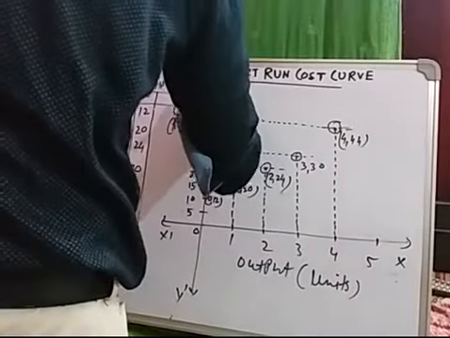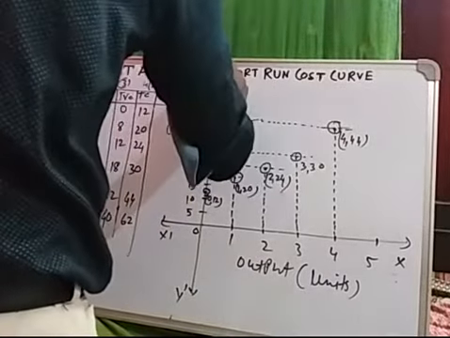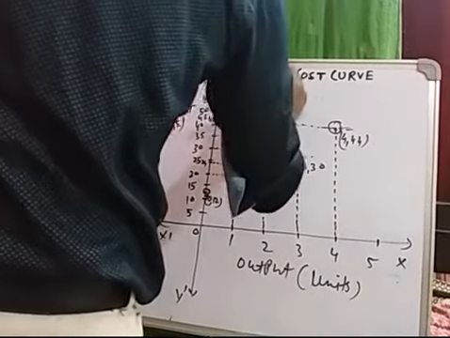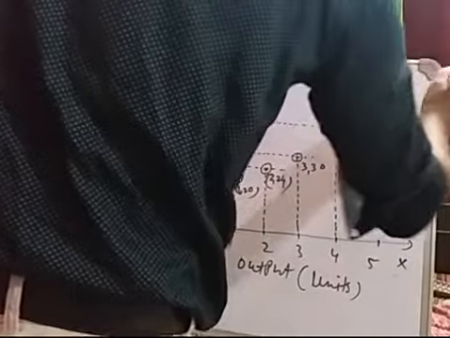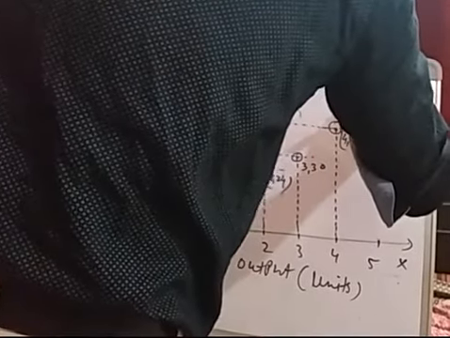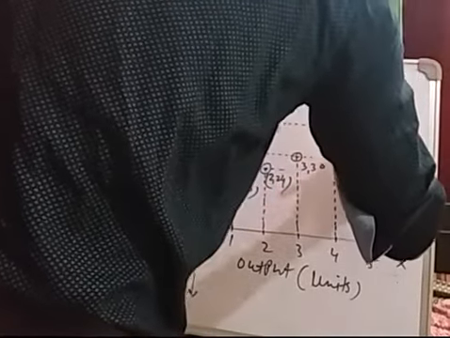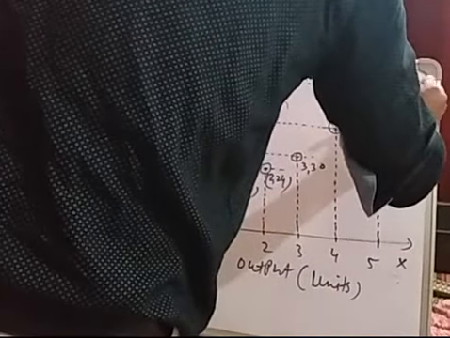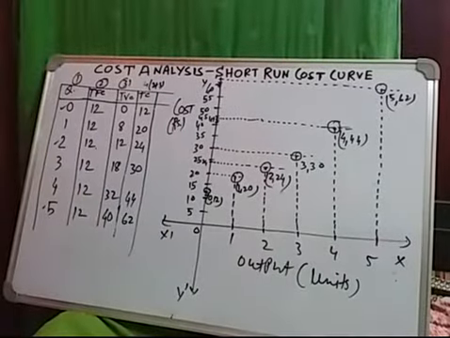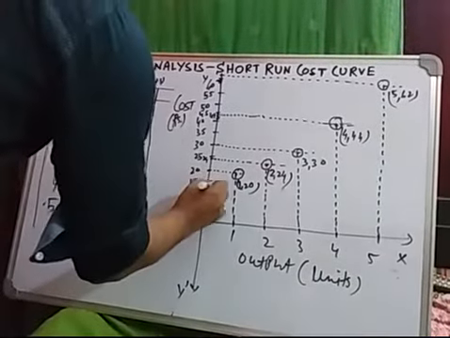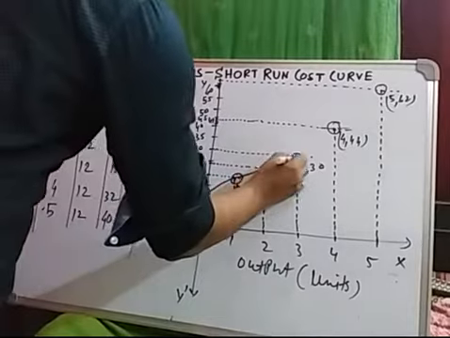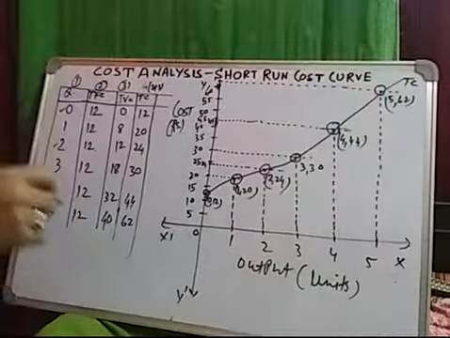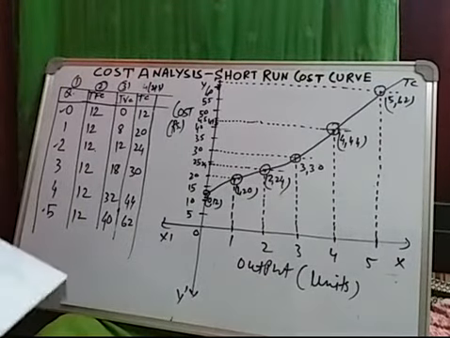So 61 is this, 62. So this is the point of 62. So this is the 5, 62. If I join the points, then you can get the TC curve. So clear on this part?